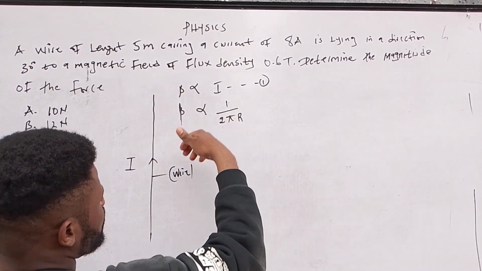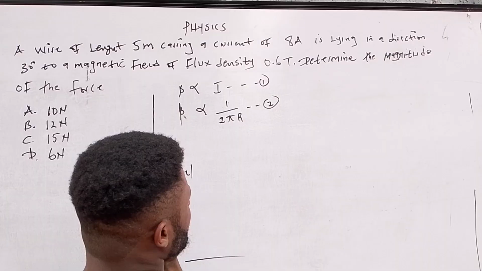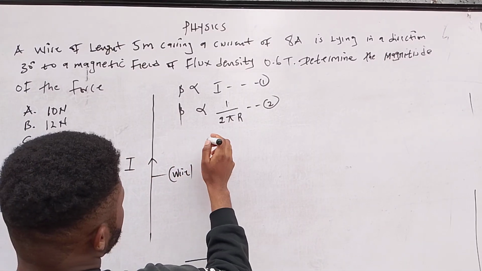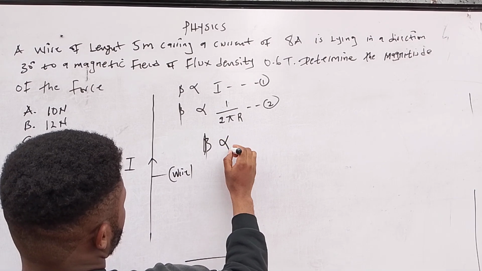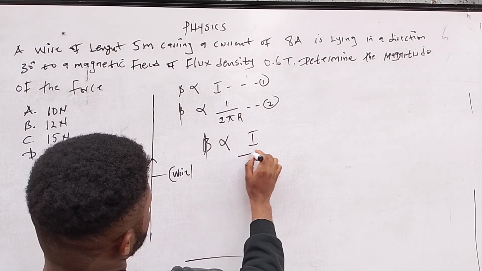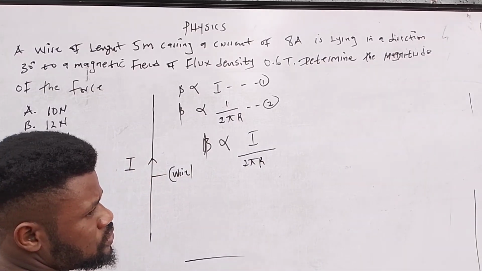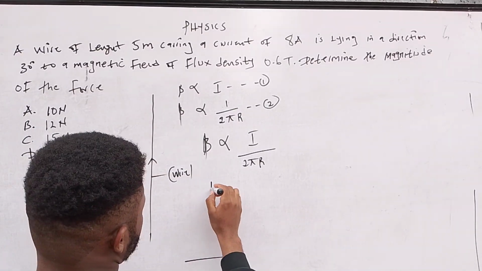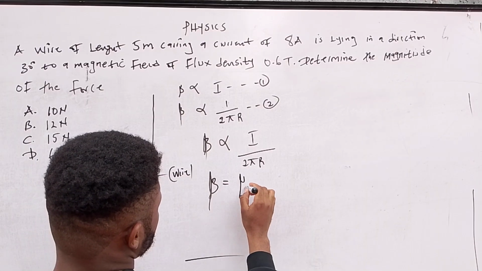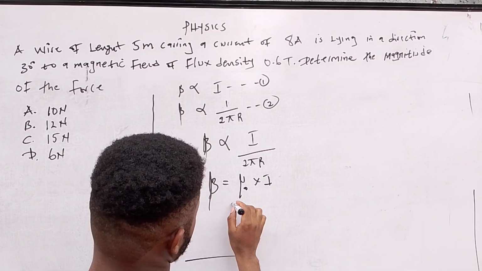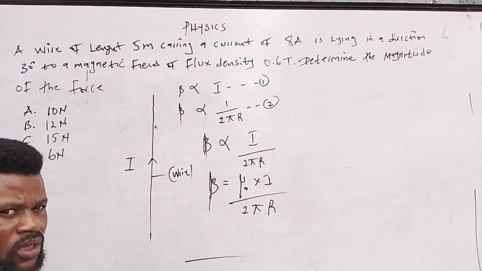The circumference of the wire. So if I label this one equation 2, and combine 1 and 2, it implies that the magnetic field created by the current is directly proportional to the current and inversely proportional to 2 pi radius. Are we clear? So we have B, the magnetic field created, equal to mu naught into the current upon 2 pi radius. Are we clear?